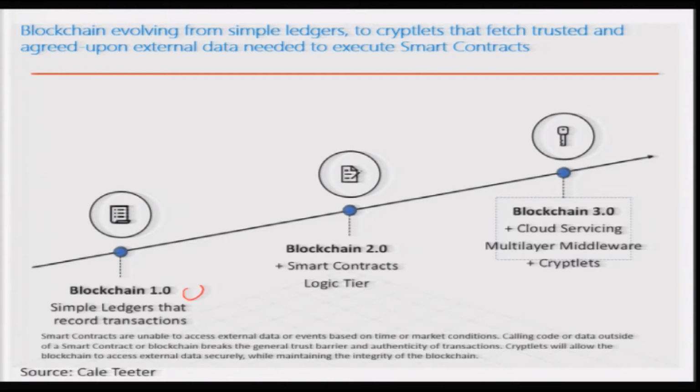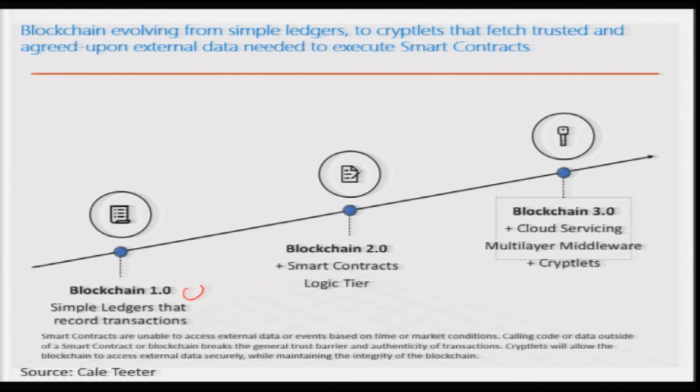Blockchain 1.0 is basically simple ledgers that record transactions, and the idea of that recording was to make sure that any transaction that you make is replicated in many places, and also collected into blocks. The blocks are then made permanent by creating hashes of blocks and storing the hashes in the next block, and also making each subsequent block dependent on all the previous blocks by this hash chaining. So, that is blockchain 1.0.